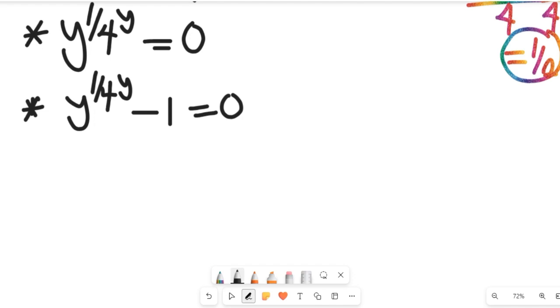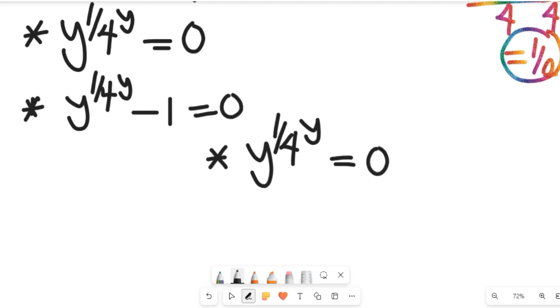From the first case, we see that y to the power of 1 divided by 4 multiplied by y is equal to 0. So how do we simplify this? To simplify this, we are going to multiply both sides by 4 divided by y.